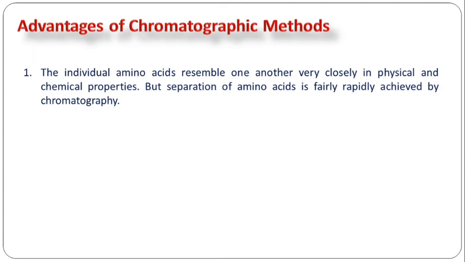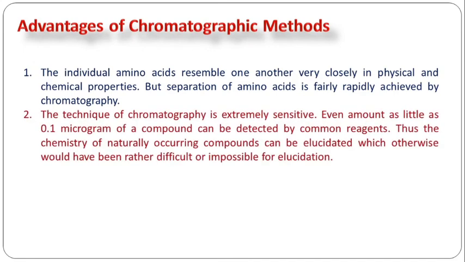As we know, amino acids contain an amine functional group and a carboxylic acid functional group. For that, the physical and chemical properties of each amino acid are most similar, but separation of these amino acids by using chemical methods is somewhat difficult. That's why this physical technique, that is chromatographic techniques, can be used for the separation of an amino acid mixture.